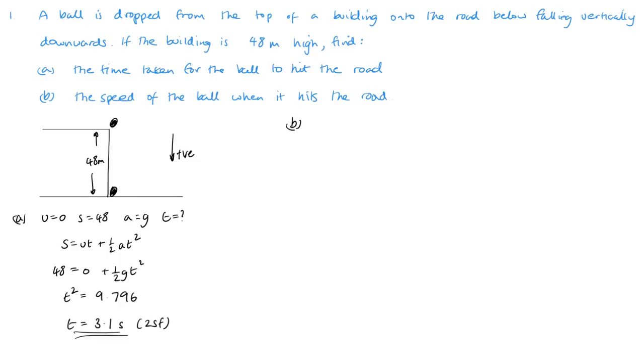Now moving on to B. Now we want to find the speed it hits the road. So everything is the same. u is 0, s is 48, a is g, and we want to find v.